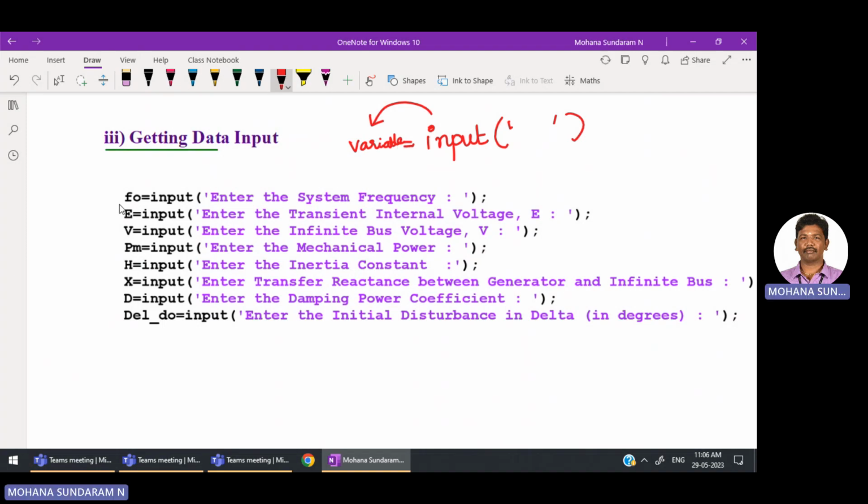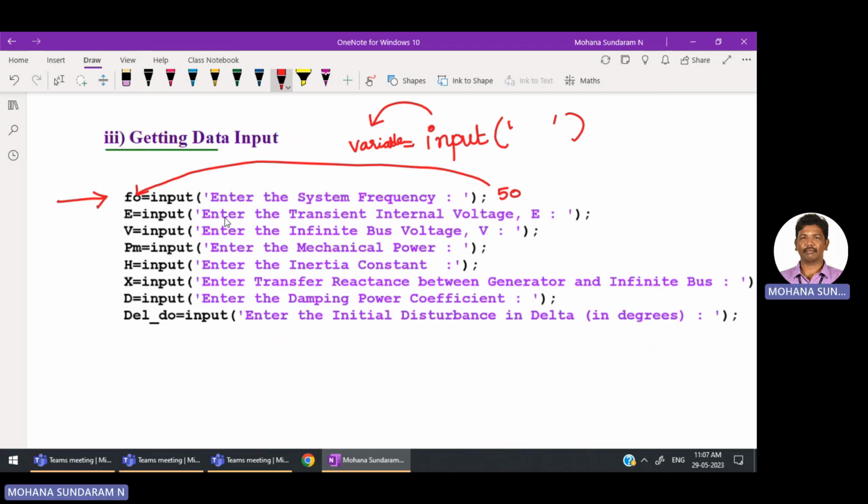For example, you take this equation. You have written f naught equal to input of enter the system frequency. When you run this program, it will prompt this line, enter the system frequency, and it will wait. Suppose you give 50, what happens? That 50 will be stored into this variable called f naught.